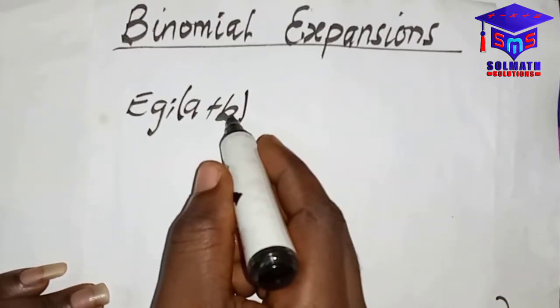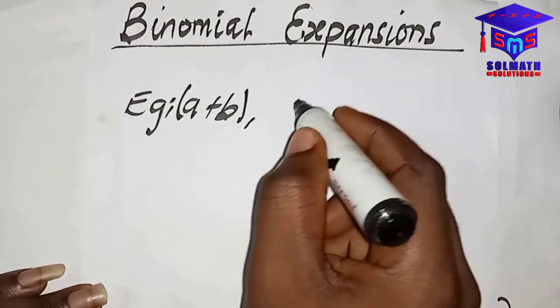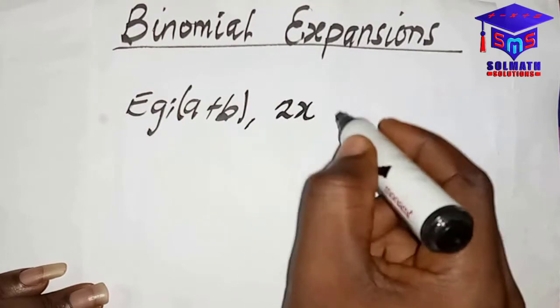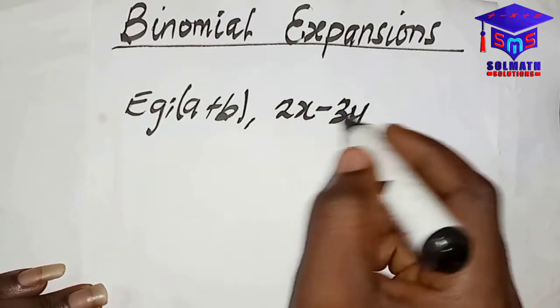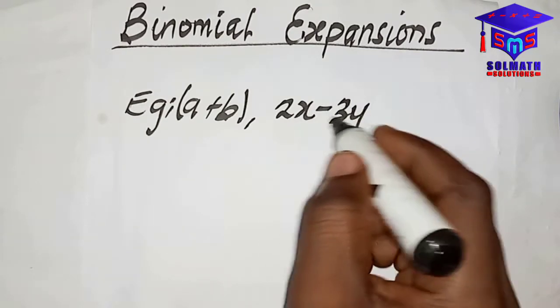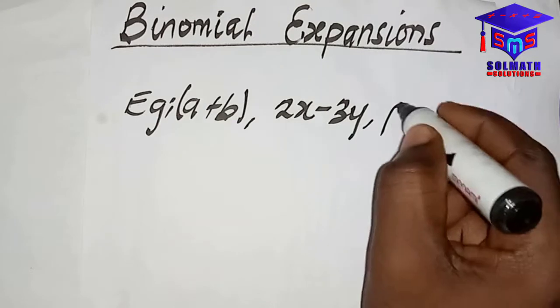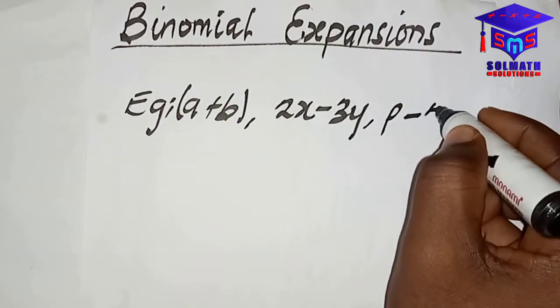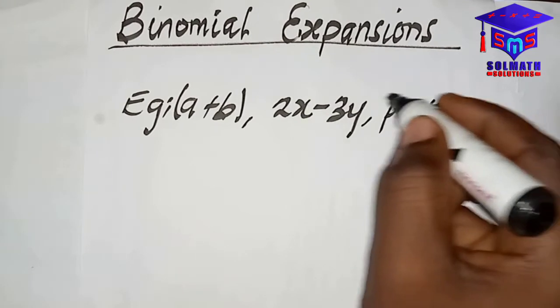The first term and second term are separated by addition. Then you can also talk about 2x minus 3y. That is a binomial, two terms separated by subtraction. We can give a lot of examples. You can have p minus, let's say, 7q. That is also a binomial.